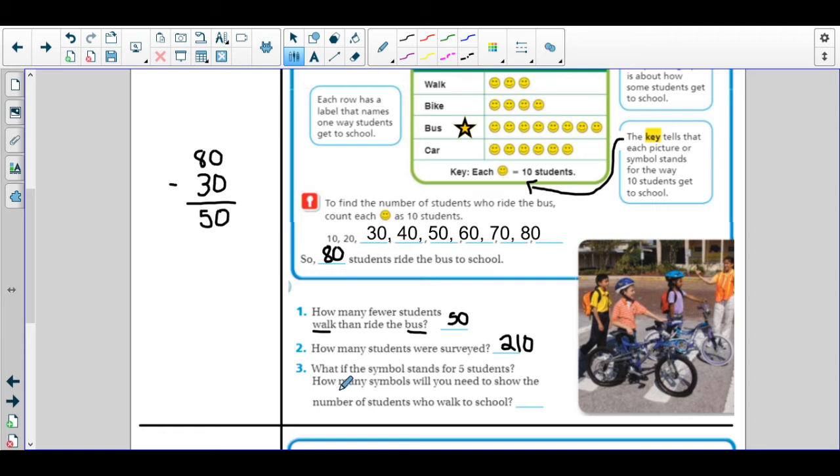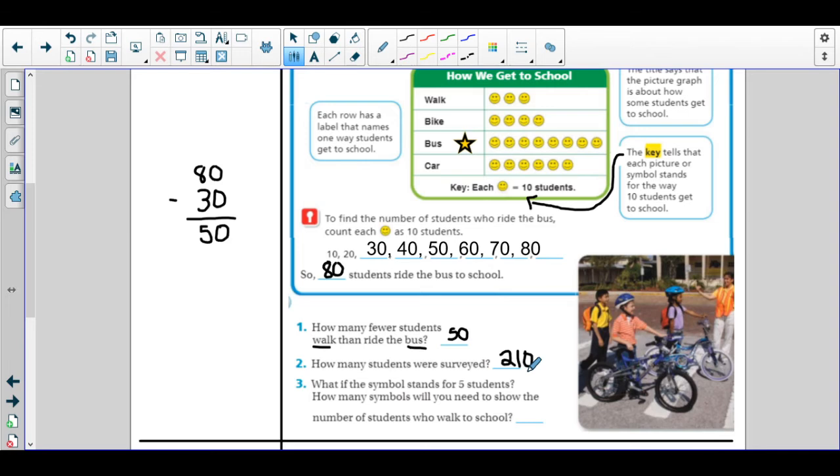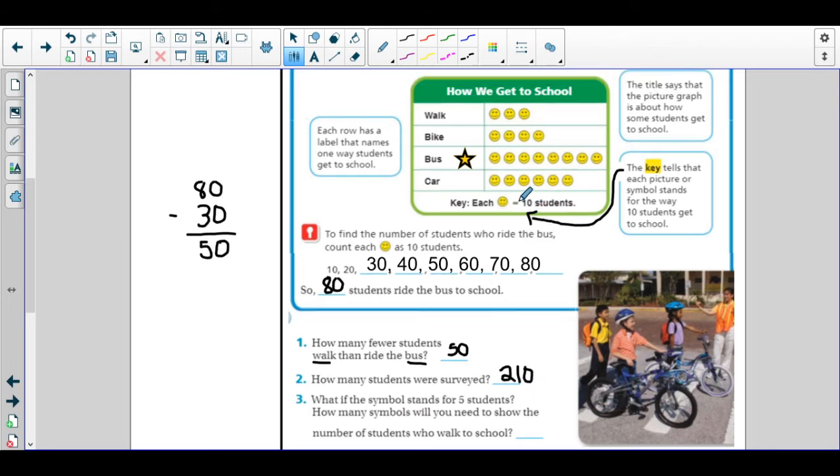Now here's a great one. What if the symbol stood for 5 students? How many symbols will you need to show the number of students who walk to school? So we're going to change this now. Instead of this being 10, it's going to be 5. All right, so let's say we cross that out, and we're going to make it 5.